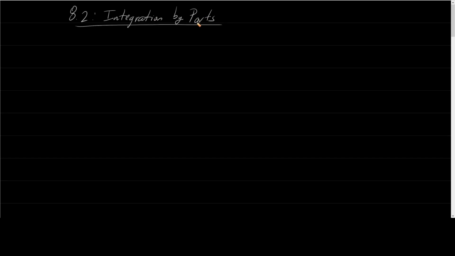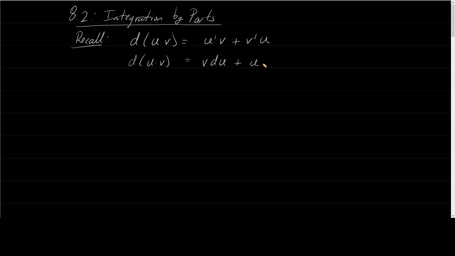Before we start this, let's recall the product rule. I'm going to do it in the differential version, which says the derivative of u times v is u prime v plus v prime u. If I rewrite this with differentials, I have that d of u times v is v du plus u dv.